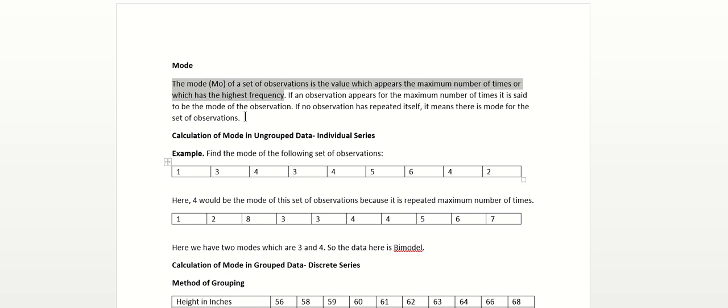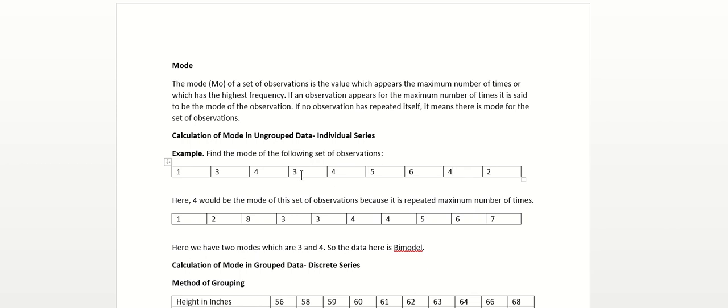So let us understand this with the help of this example. Here you can see this is the data given to you: 1, 3, 4, 3, 4, 5, 6, 4 and 2. Here 3 has appeared how many times? 1, 2, 2 times, and 4 has appeared 1, 2 and 3 times, right?